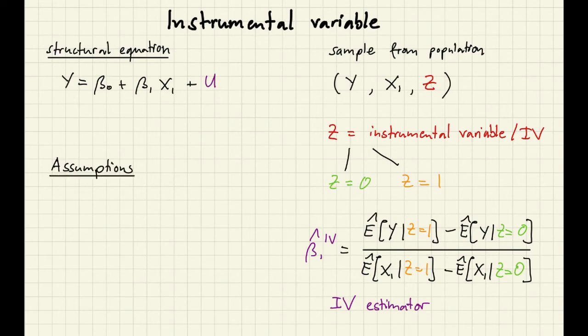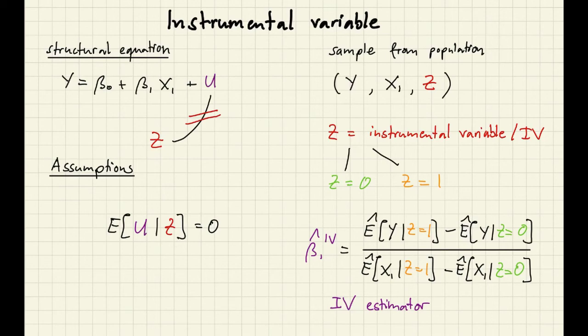The first assumption says that the conditional expectation of the error term given the instrument is 0. This assumption says that the instrument cannot be used to predict u. Or in other words, by observing z, we do not obtain any information about the level of u.